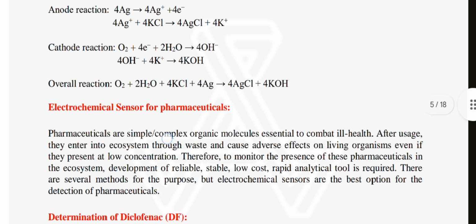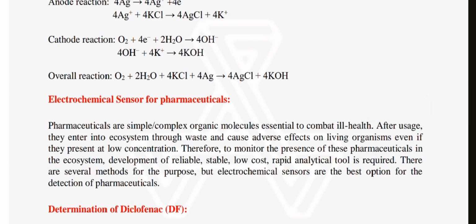Now at the cathode, O2 plus 4e minus plus 2H2O gives 4OH minus. 4OH minus plus 4K plus gives 4KOH. The overall reaction can be written as O2 plus 2H2O plus 4KCl plus 4Ag gives 4AgCl plus 4KOH.